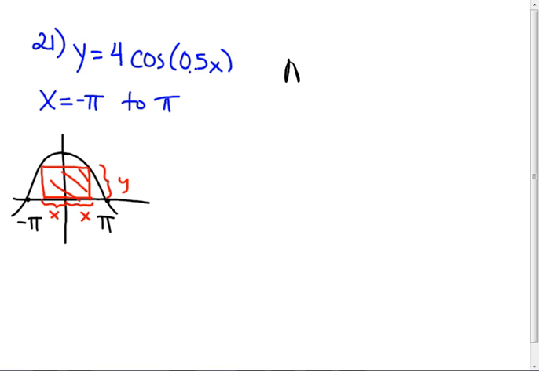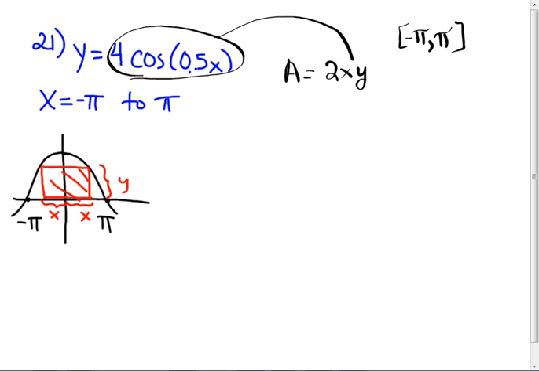Yeah, so the area is equal to 2x, y. My interval is from minus pi to pi. So I just have to evaluate that. Which one do you want to eliminate, x or y? I've got too many letters. I want to do y because, guess what? I know what y is. It's that.